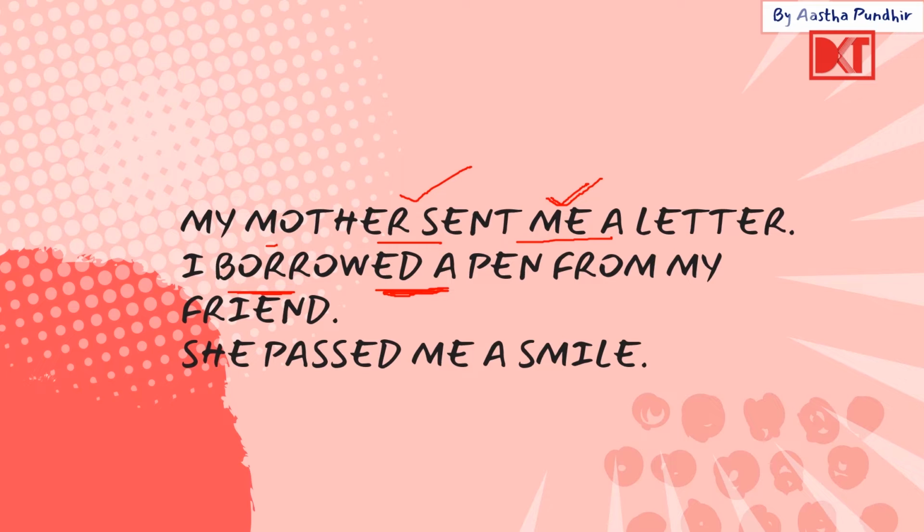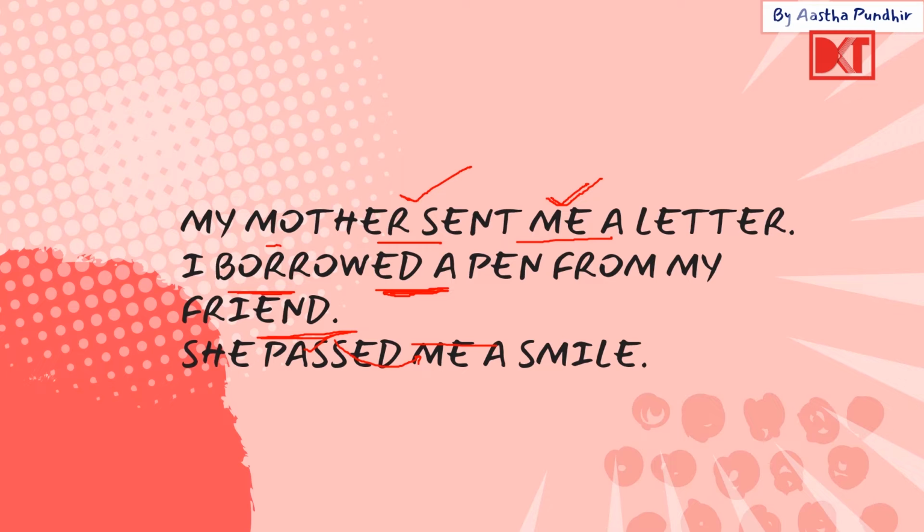Another example, she passed me a smile. Now she passed. Passed is what, a verb? Then we have this object here. Now passed, again the verb, it requires an object to complete the meaning. If I just say she passed, you don't know what did she pass, right? There has to be the answer to what. What did your mother send?